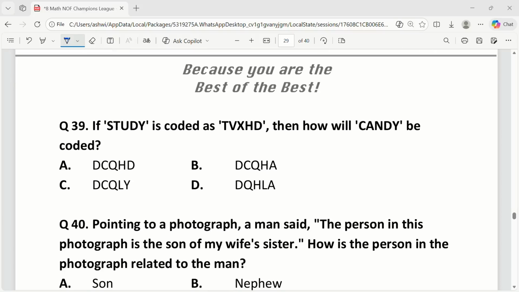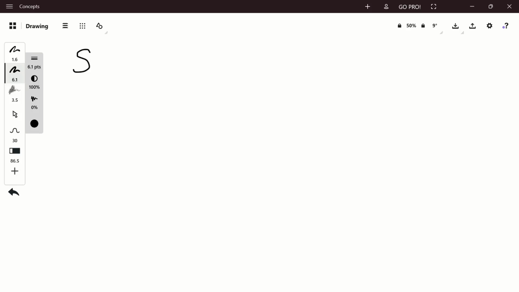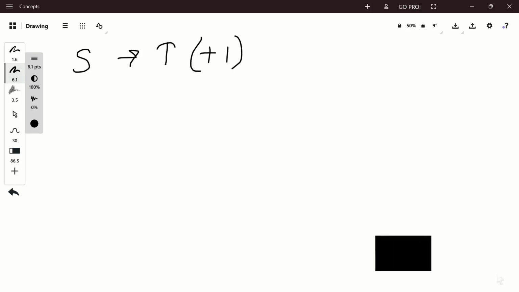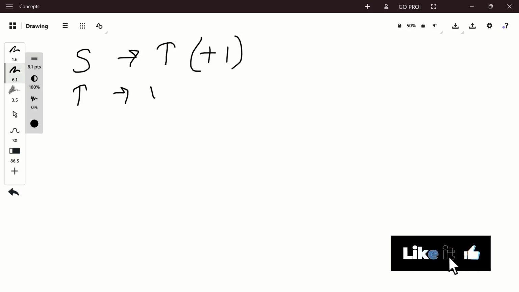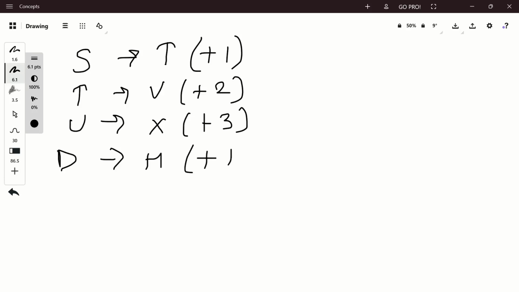STUDY is coded as TVXHD. How will CANDY be coded? The code uses a substitution pattern based on the alphabetical position of each letter. S is coded as T, which is +1 alphabet. T is coded as V, which is +2. U is coded as X, which is +3. D is coded as H, which is +4.